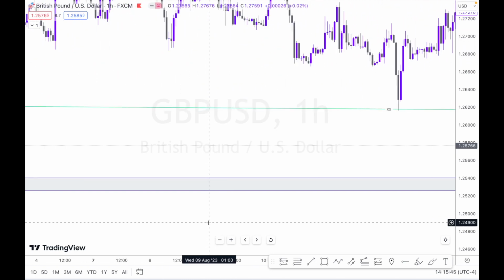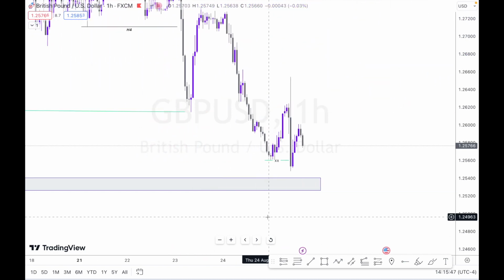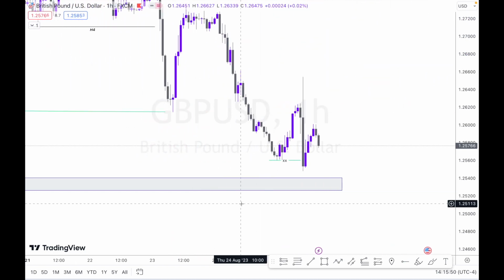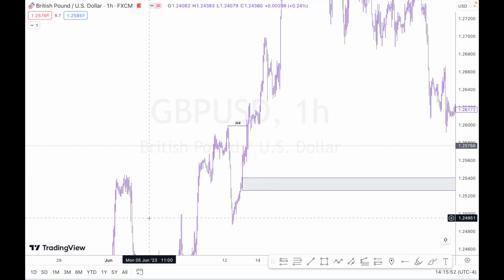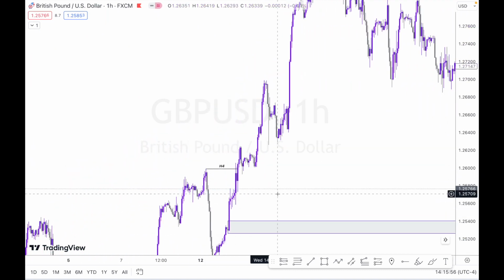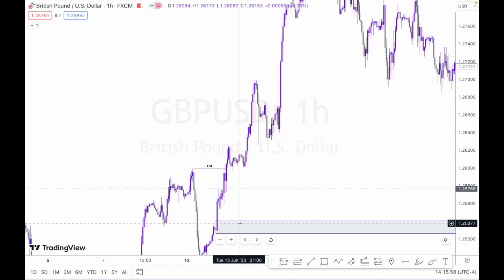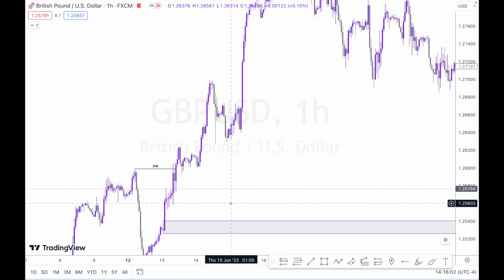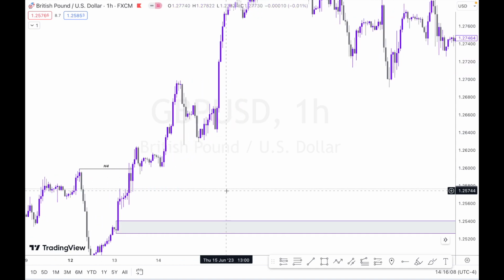So now all that liquidity was swept. Now here, right? See, it's kind of tricky because it didn't touch this zone, but the 4-hour zone did. So I'm not really sure what price wants to do.